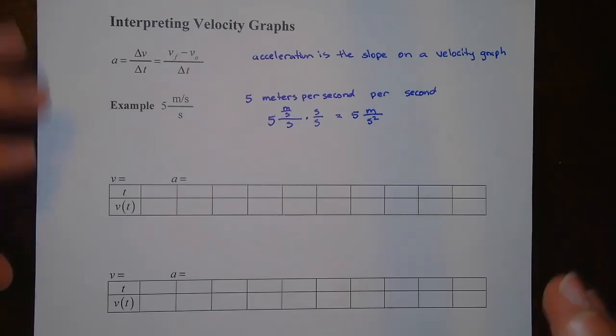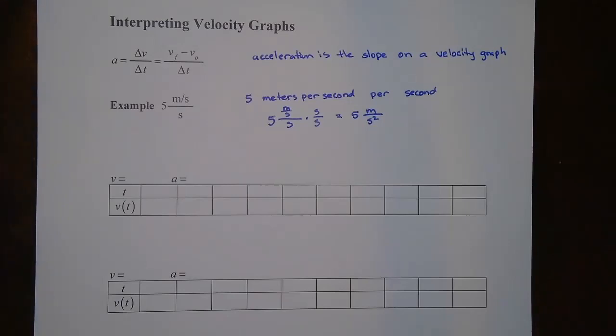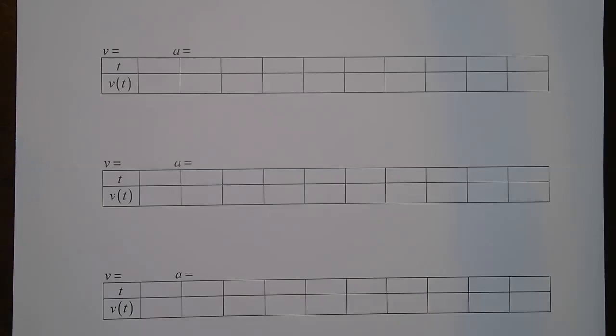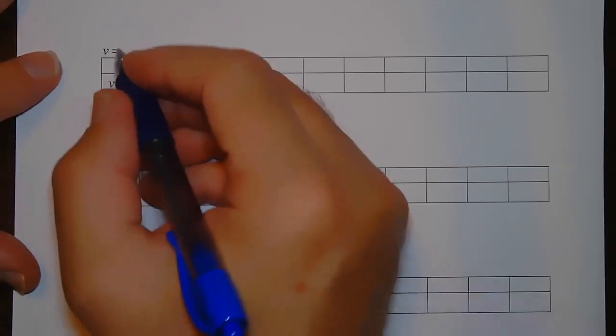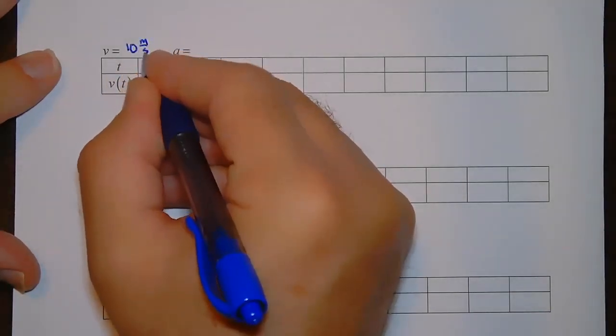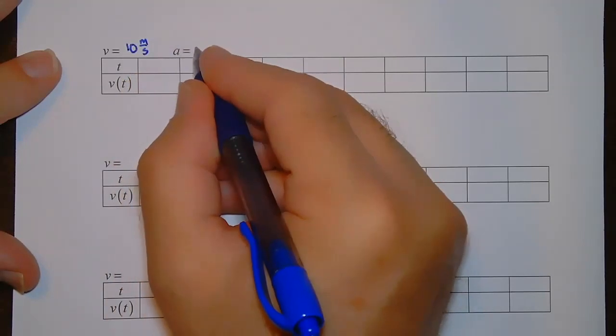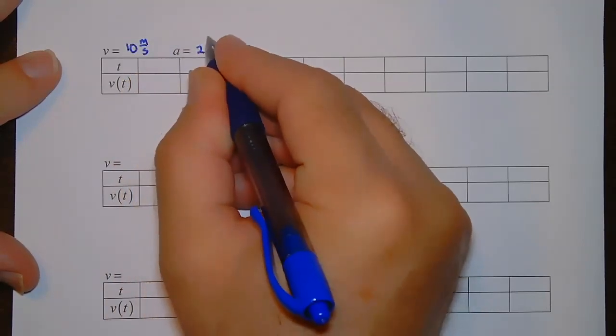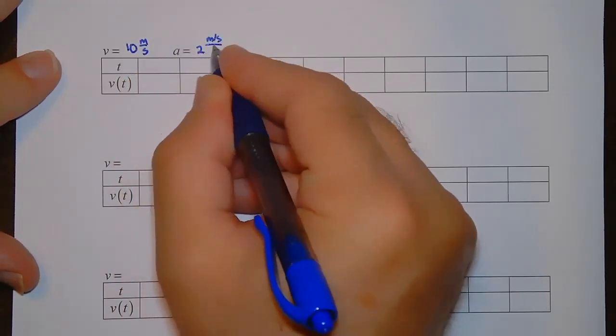All right, so let's take a look at some combinations of velocity and acceleration and try to interpret what is going on. I want to start out with a velocity of 10 meters per second and an acceleration of positive 2 meters per second per second.